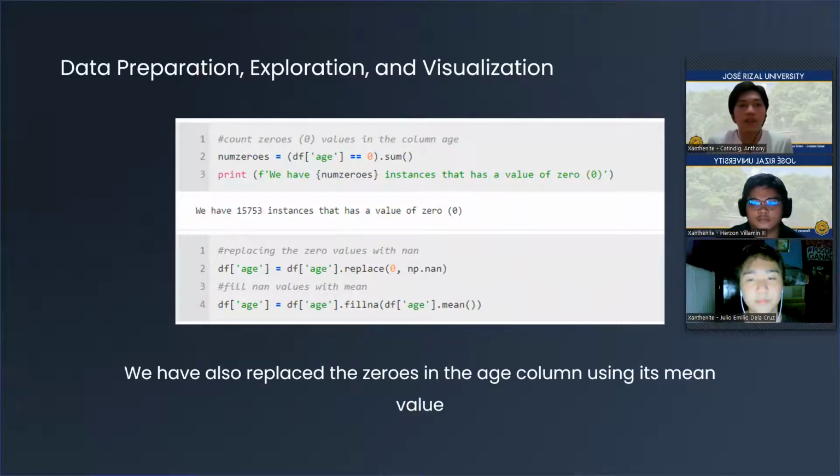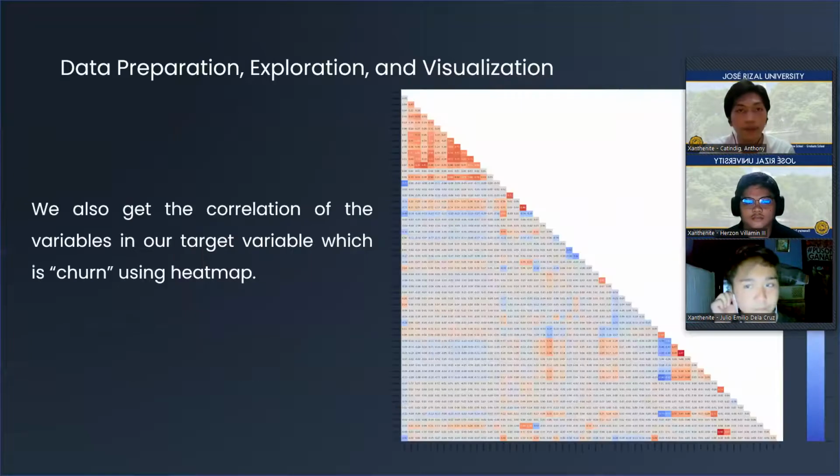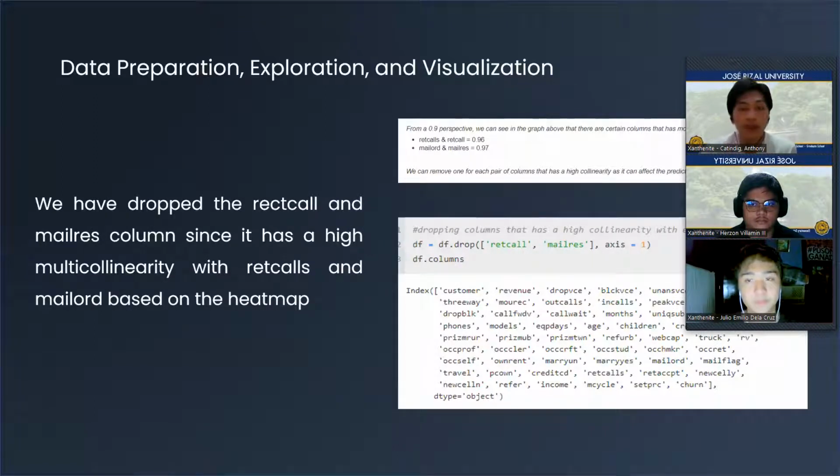We also saw several rows in the age column that have a zero value, so we replaced those zero values with the column's mean value. We also got the correlation of the variables with our target variable, churn, using a heat map. From the 0.9 perspective on the heat map, certain columns have a multicollinearity problem: the two radicals columns, which have a 0.96 correlation, and male ord and male rest, which have a 0.97 correlation.